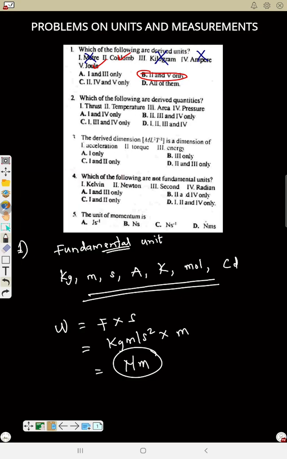Now let's see number 2. Which of the following are derived quantities?